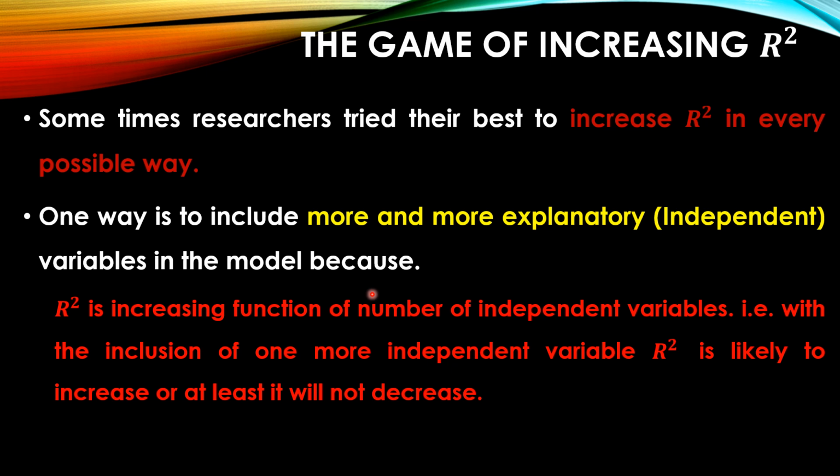That is, with the inclusion of one or more independent variables, R square is likely to increase, or at least it will never decrease. So when researchers want to improve their R square, they include more and more independent variables.